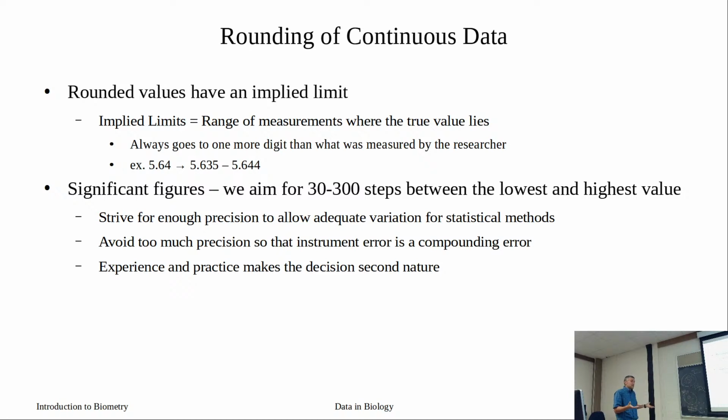But sometimes the precision of the instrument stinks so much that you basically have 2 values, 2 grams and 3 grams. That's it. Well, you can't tell much from that. In order to improve, you're going to have to find another balance or another scale that has higher precision so that we can aim for this 30 to 300 steps. So we want to have enough precision that allows for data analysis, but we don't want so much precision that instrument error starts to become the main difference.